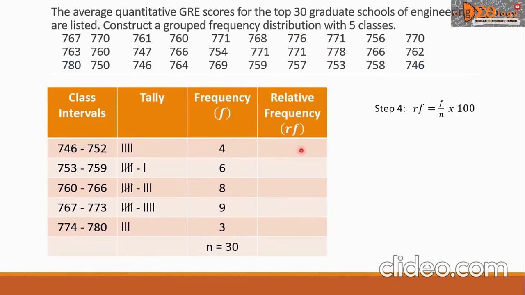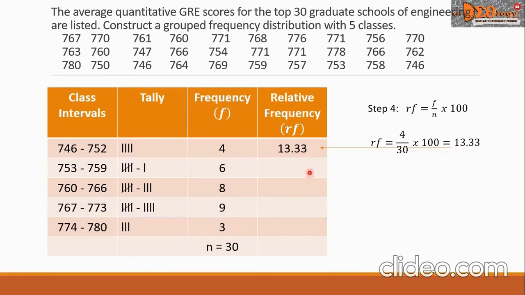For the first blank here, it means we're going to use the frequency of this first class interval, which is 4, divided by the total number of frequency, which is N, the 30. So you see here we have 4 over 30 times 100, and the answer is 13.33. This value we will put on this blank, and there we go.